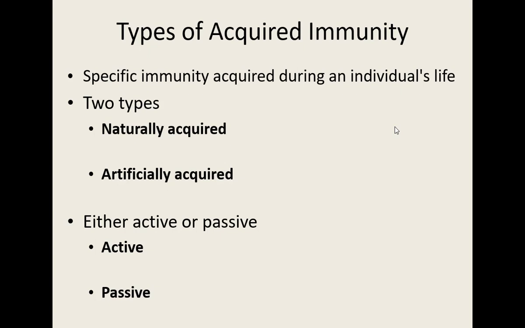Passive immunity means you have antibodies in your body that you didn't make. And I'll give you a couple of examples on when and how that happens. So passive is you have antibodies that you didn't make, so your immune system didn't do anything, but you have antibodies.